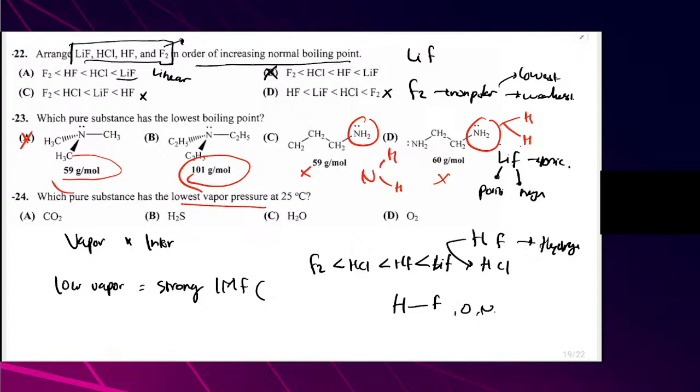So the meaning of vapor pressure is the pressure from gas molecules above a liquid. Some molecules at the surface have enough energy to escape to the gas phase. These escaped molecules exert a pressure above the liquid, and that's called vapor pressure.